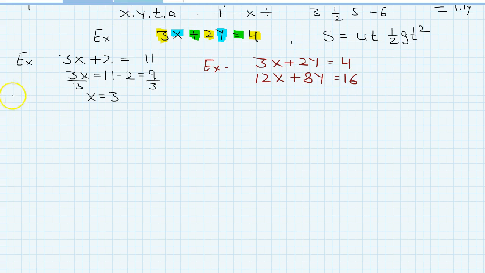One thing you also have to understand: solving equations means finding the points of intersection.